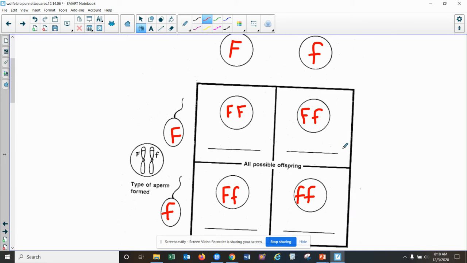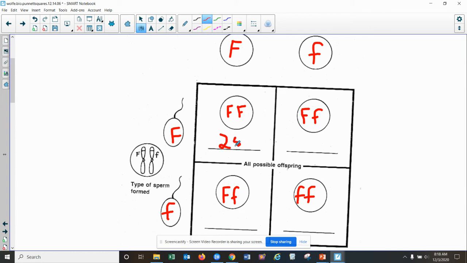Now, does this mean they're going to have 4 kids? No, it's just showing you what the possibilities are that these two parents could have. This doesn't mean they're having 4 kids. I have 1 kid. And in here, you could write down probabilities however you want to do it. So, what's the chance of having homozygous dominant? 25%, right?